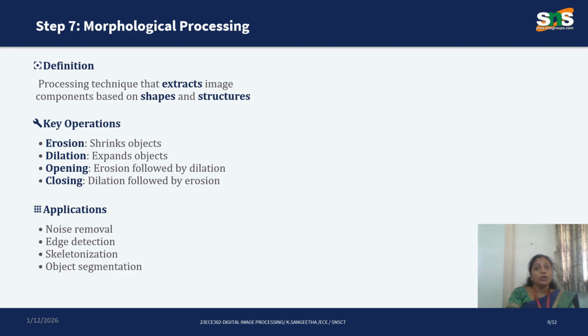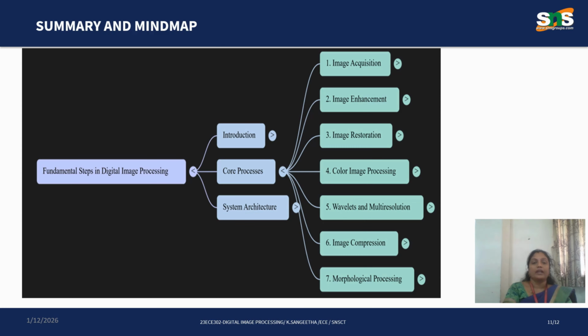This technique is used to extract the image components based on their shapes and structures. The main operations involved in morphological processing are erosion, dilation, opening and closing. This also includes noise removal, edge detection, skeletonization, and object segmentation.